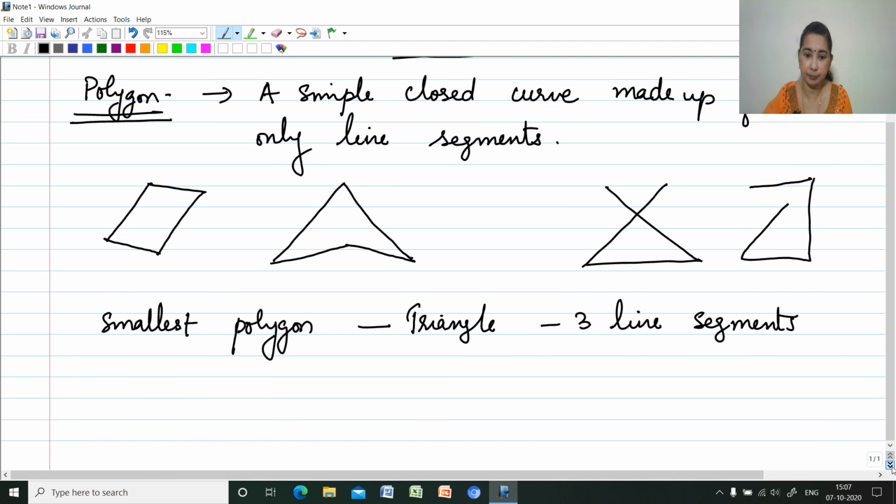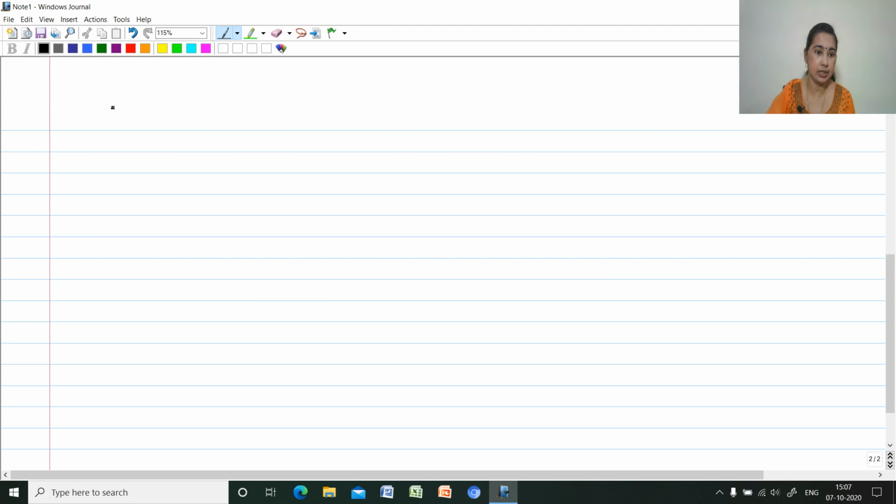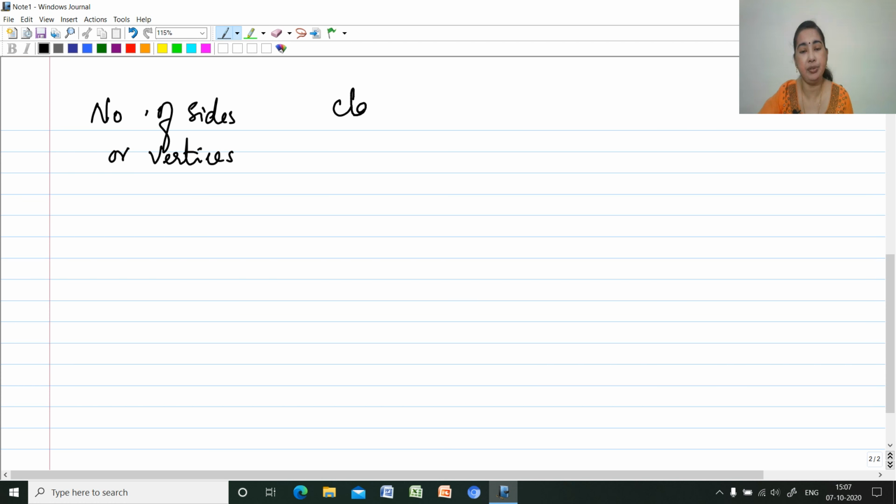That is the number of sides or vertices, then the classification, where according to the number of sides we will name that polygon, and the figure.